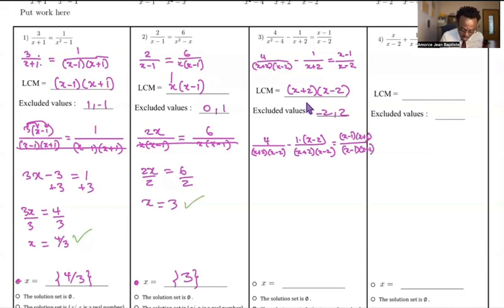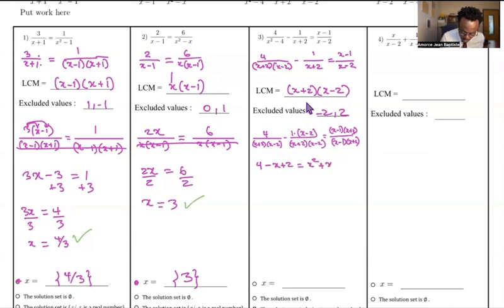So that takes me to the point where I can eliminate the denominator to solve: 4 minus x plus 2 equals x squared plus x minus 2. I FOILed this to get this expression.